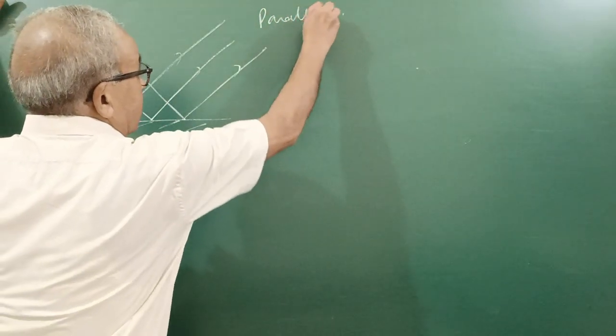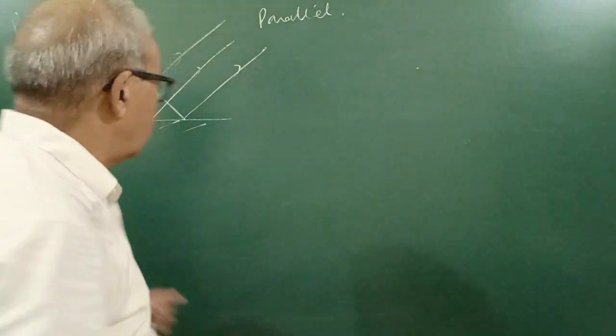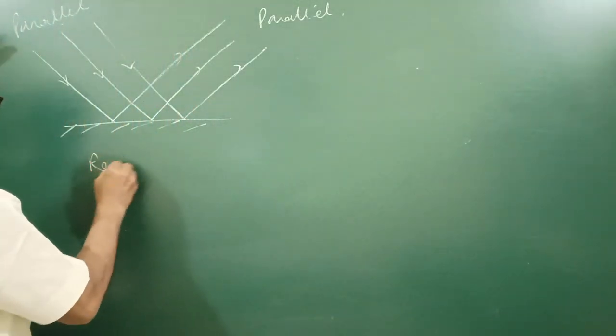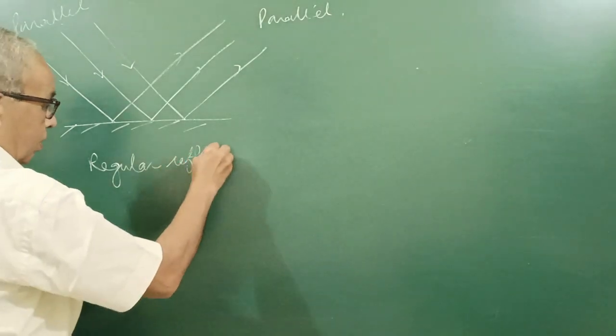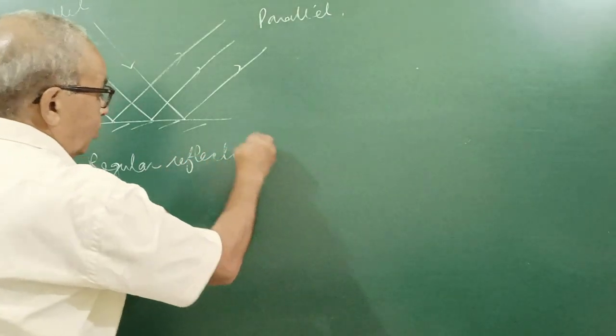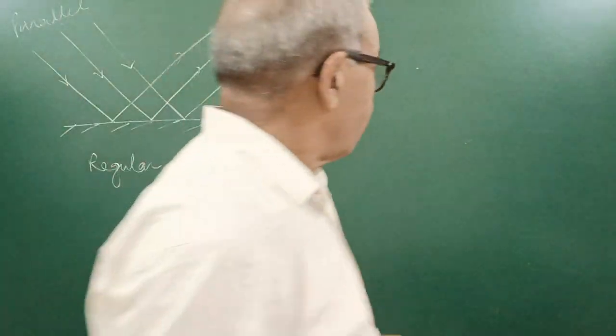Then the reflection is called regular. If a parallel beam is reflected as a parallel beam, it is regular reflection. Whatever image you see in mirrors is due to regular reflection.